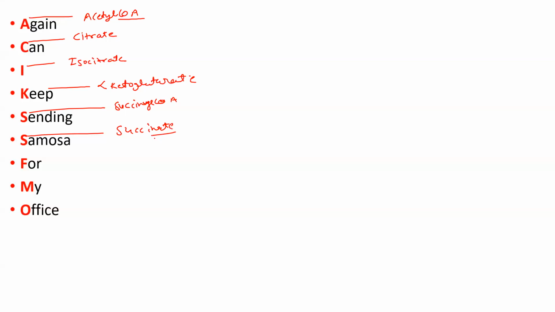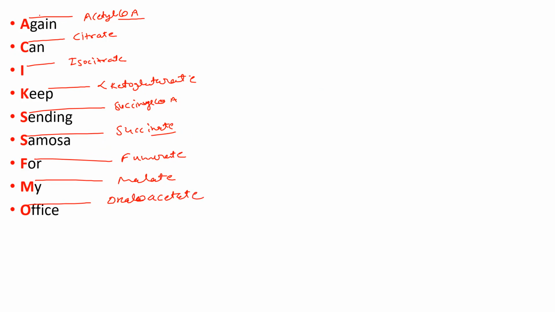Succinate forms later. It will form second, after the succinyl coenzyme A. And then F for fumarate. And M for malate. And O for oxaloacetate. Okay. So this is all the names you can learn.